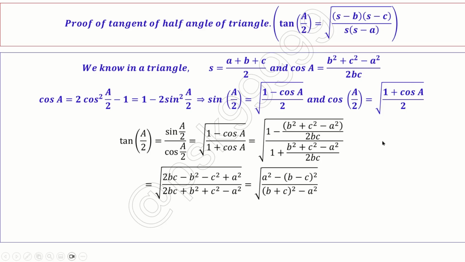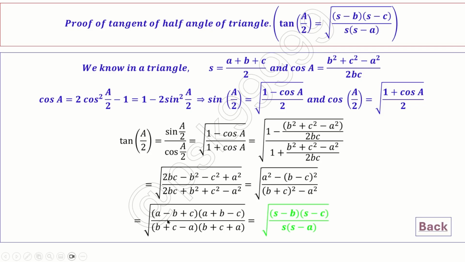If I substitute the values and simplify it carefully, what I will get is this value. Because here we can do it very easily this way. a minus b plus c is nothing but a difference of squares form, right? So a minus b plus c into a plus b minus c, divided by b plus c minus a into b plus c plus a. This is 2S, and this is 2 times S minus a.